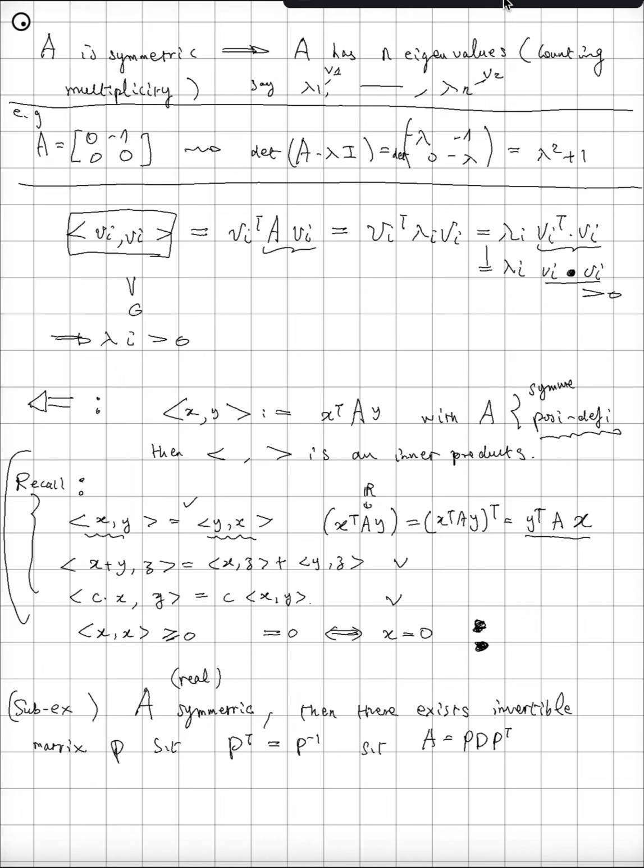This is telling you that some way you could choose your eigenvectors such that P transpose P equals identity, right? And this is basically saying the columns are orthonormal vectors.